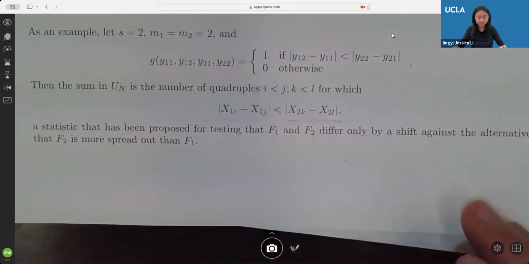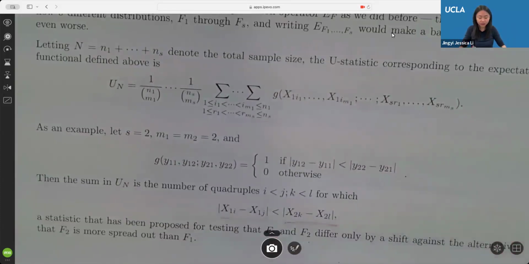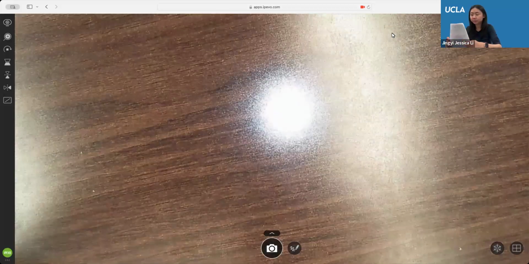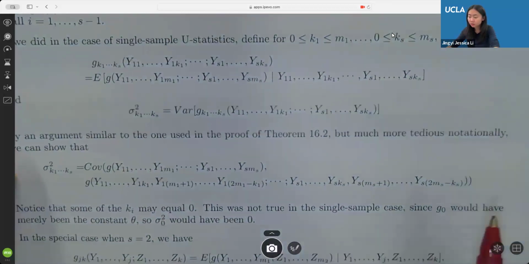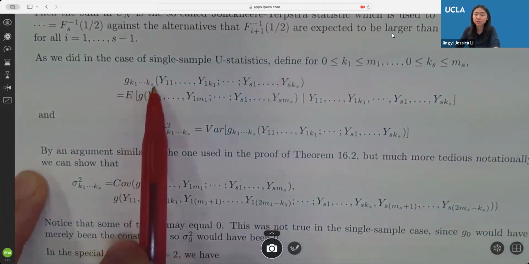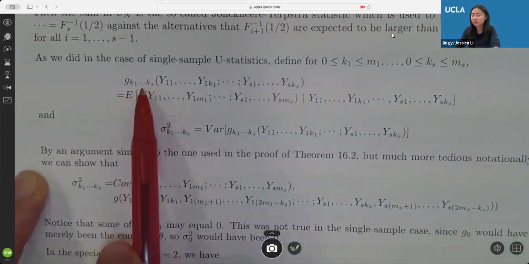Let's look at the result. For the multi-sample U statistic, we can also do the H projection. But here the projection will also be multi-indexed.